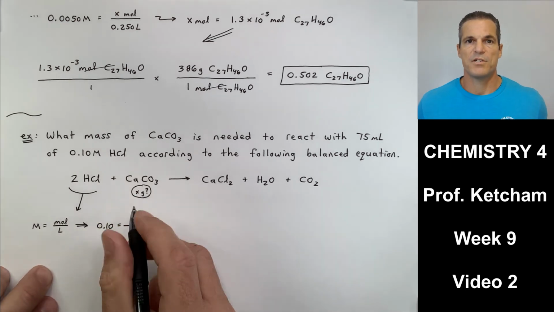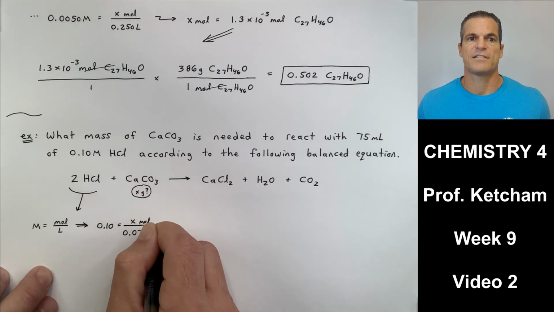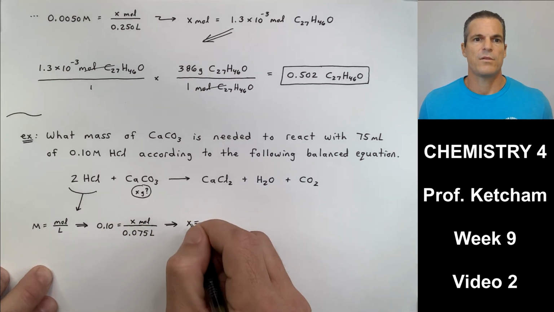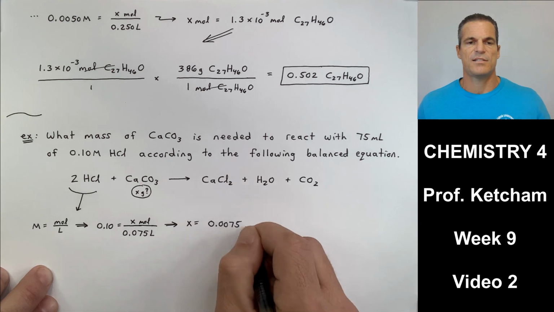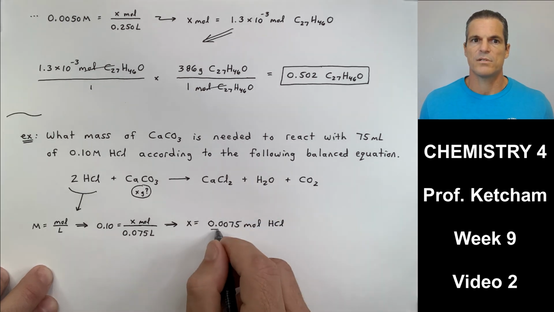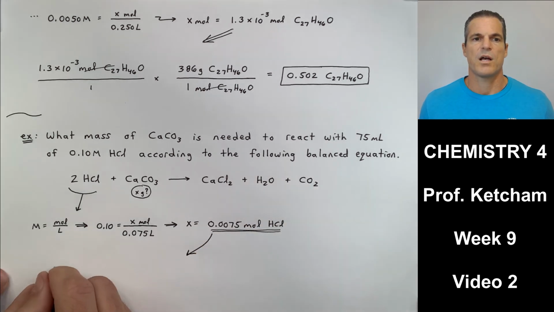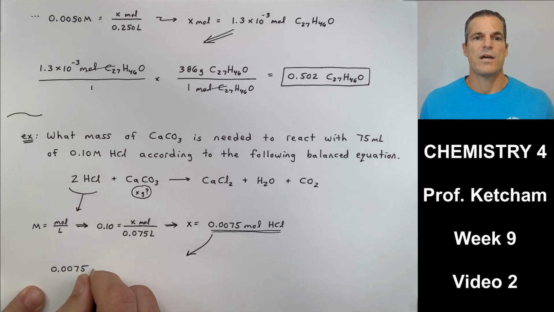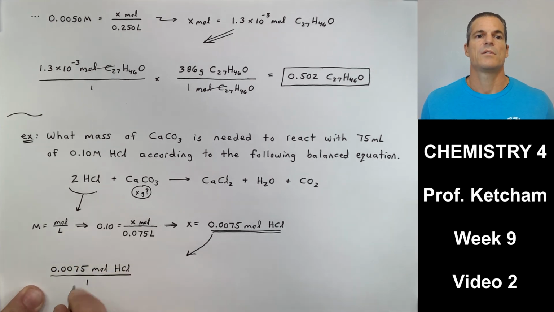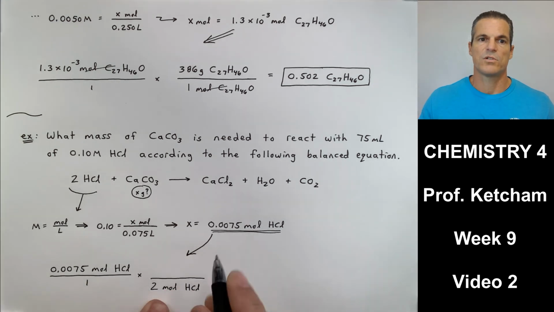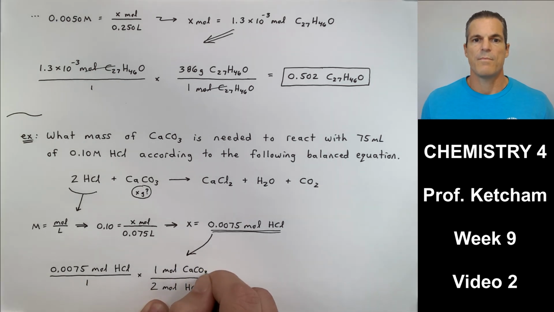And all the information they've given me is for the hydrochloric acid, so I'm going to work with that. Well, I know that in order to bounce over to CaCO3, I'm probably going to need mole ratios, right? We've learned this when we talked about stoichiometry. So I need to find out how many moles of hydrochloric acid I do. To do that, I know that 0.10 molar is equal to X moles over 0.075. You do the math, you get 0.0075 moles HCl.